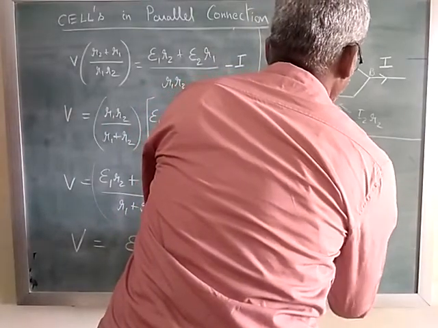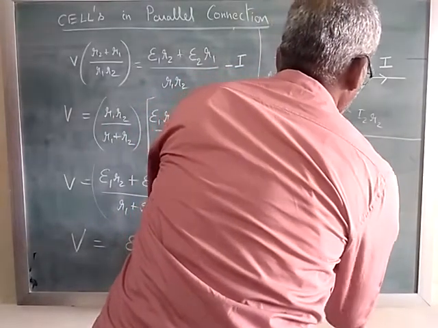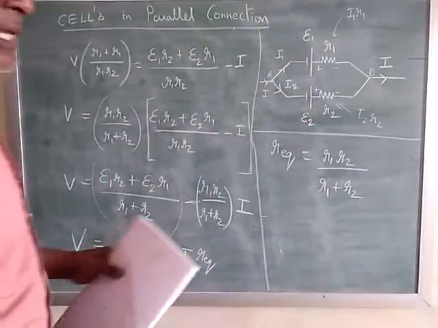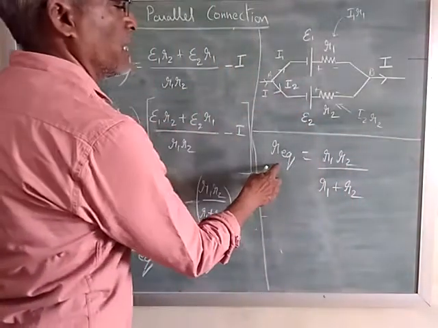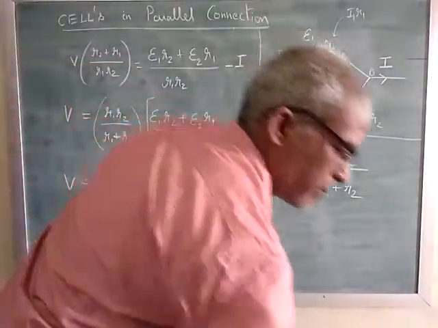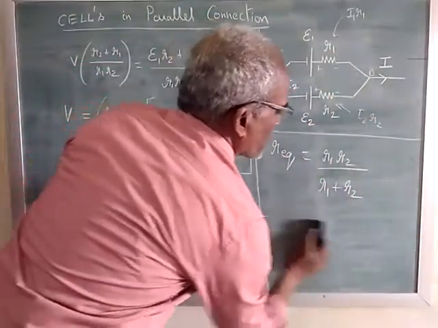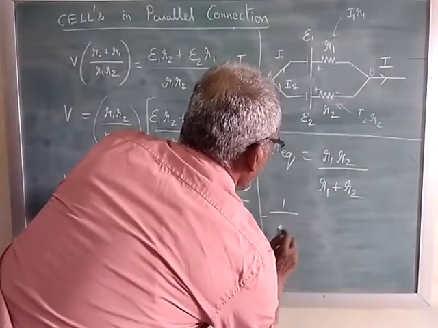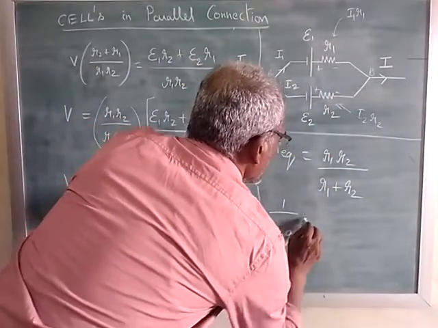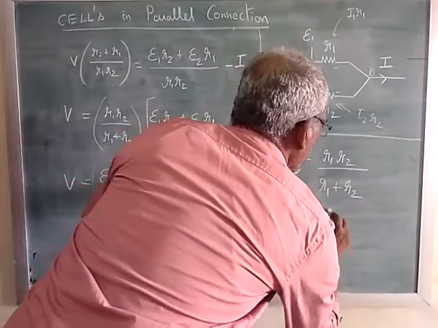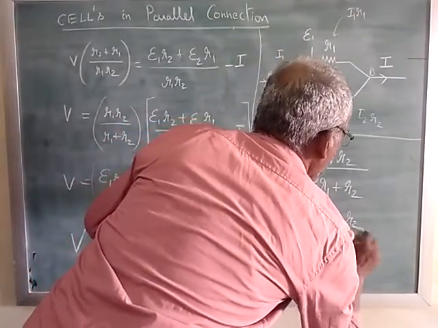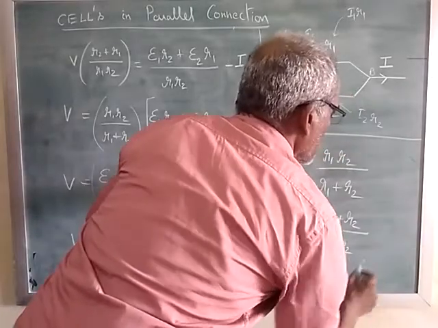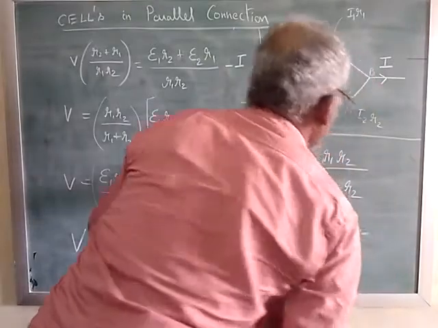Now 1 by R equivalent is equal to, this goes to the numerator, R1 plus R2 by R1 R2.